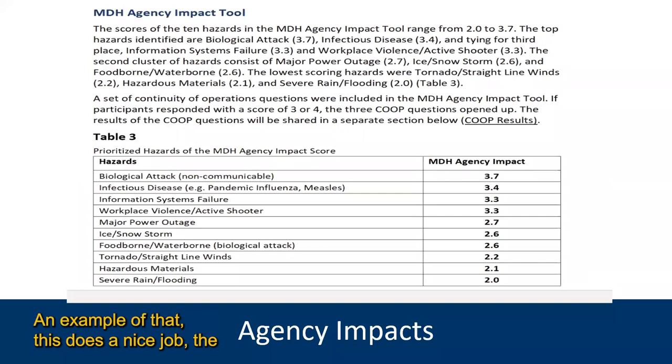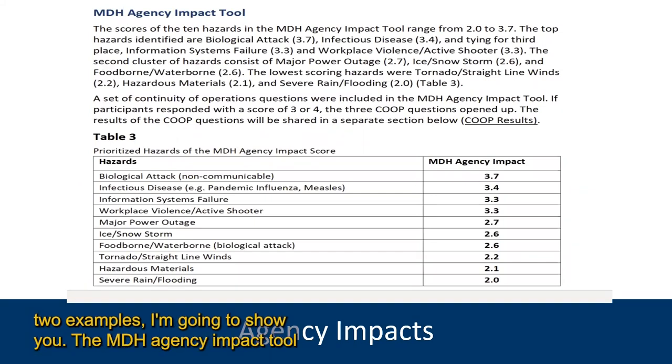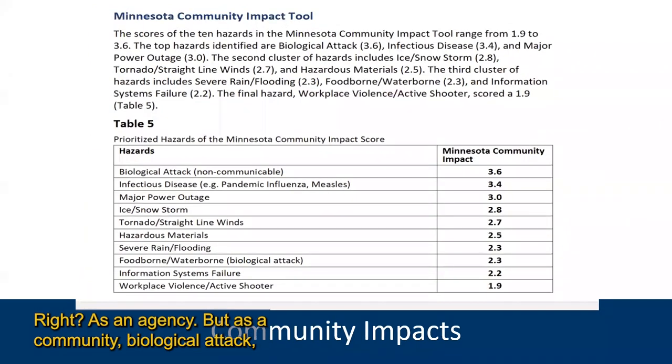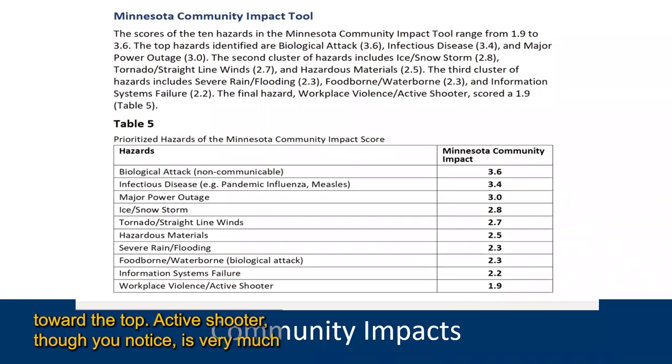An example of that, this does a nice job. The 2 examples I'm going to show you, the MDH agency impact tool lists biological attack, infectious disease, and information system failure at the top of their concerns, right, as an agency. But as a community, biological attack, infectious disease, major power outage, those are also listed toward the top.